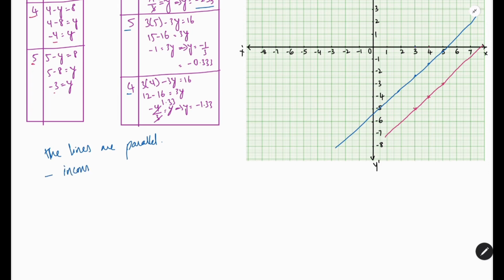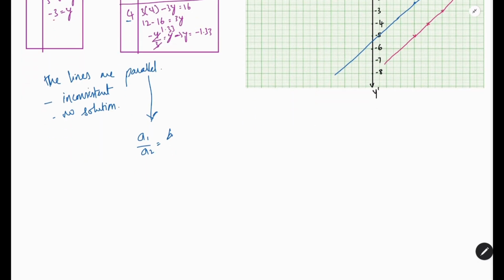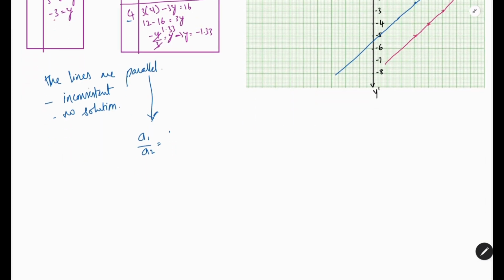No, they are inconsistent. And they have no solution. Okay. If the lines are parallel, what is the condition here? A1 by A2 equal to B1 by B2 not equal to C1 by C2. Okay, this is the condition.